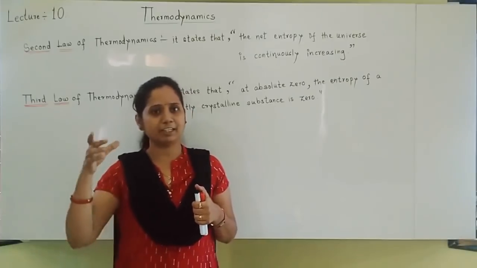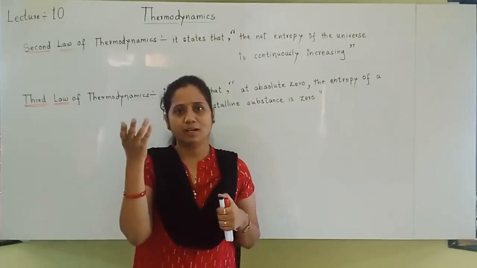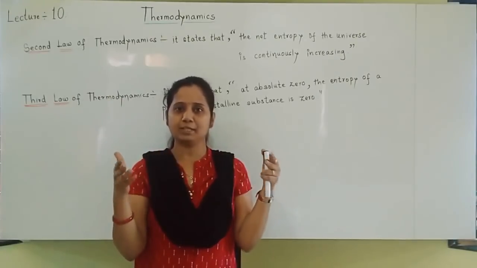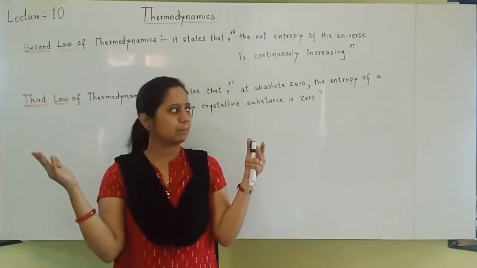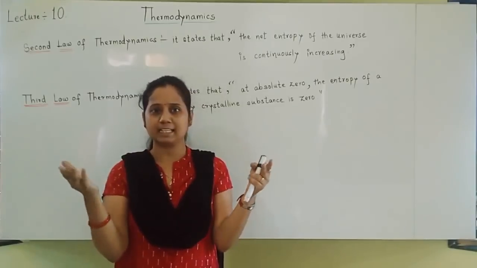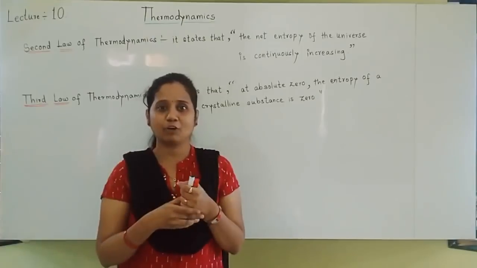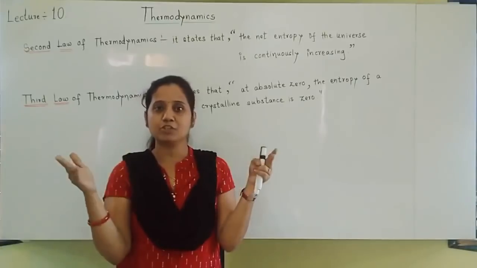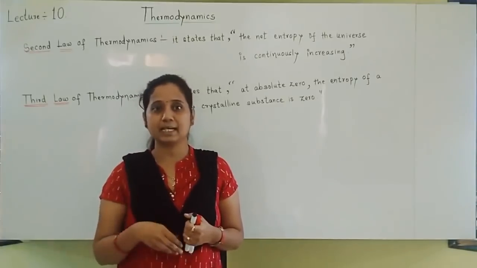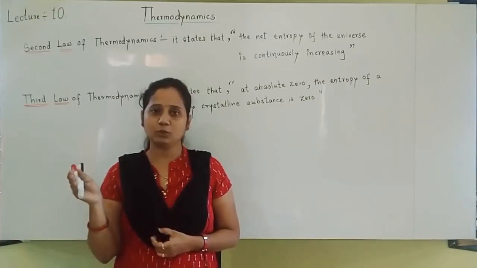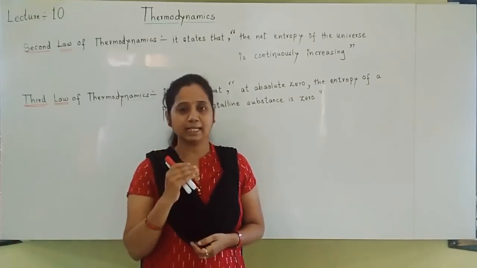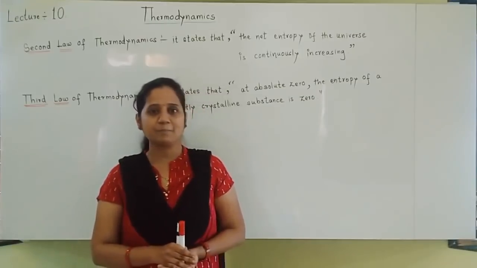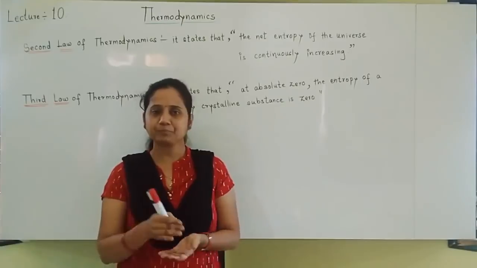Of course, in winter it will again freeze into ice, so entropy is decreasing also. But comparatively, so many processes are there. For example, storms and winds all increase entropy, because whenever a wind storm comes, the air diffuses more, so randomness increases. So finally, though there are both types of processes, the net entropy of the universe is continuously going on increasing. This is the second law of thermodynamics.